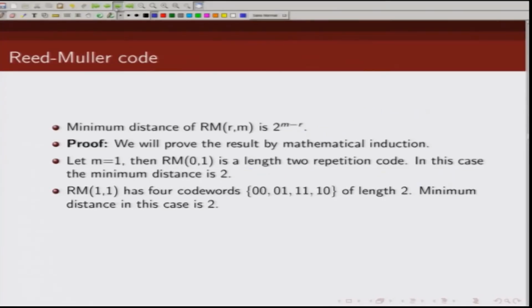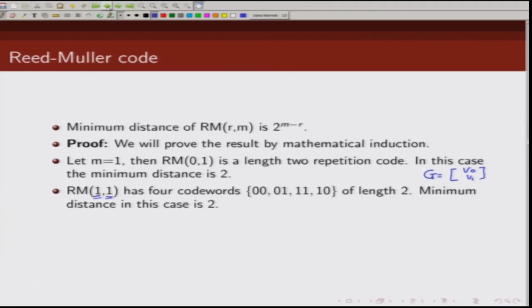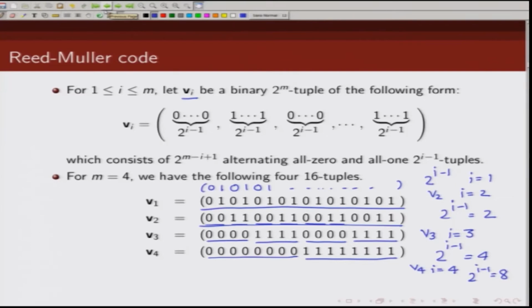Now, let us see if it holds true also for m equal to 1 and r equal to 1. If m equal to 1 and r equal to 1, then the length of the codeword is again 2. So, G will consist of V0 and V1. And what are my V0 and V1? V1 is 0 1 and V0 is 1 1. So, this is length 2.